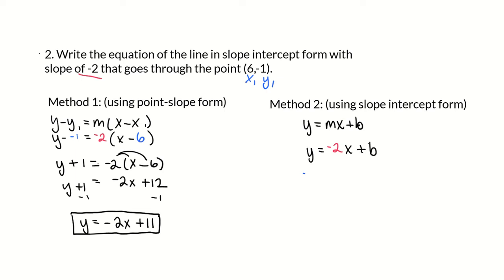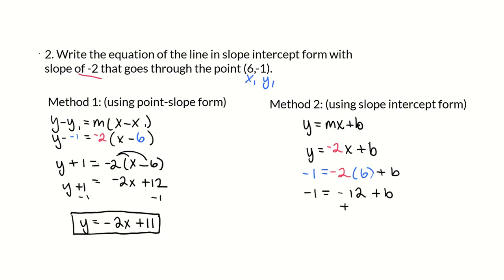So that would look like -1 equals -2 times x, which is 6, plus b, which is not known. And then we solve for b. So this is -1 equals -2 times 6 is -12 plus b.